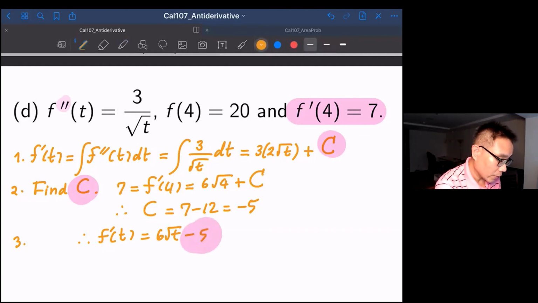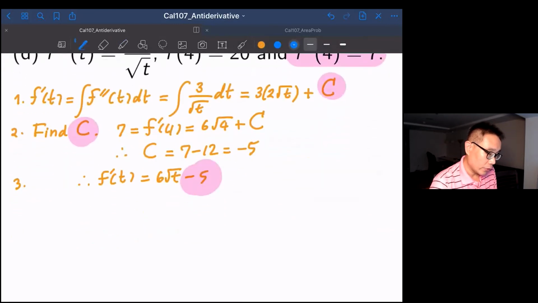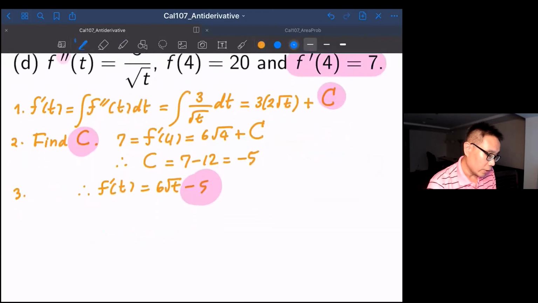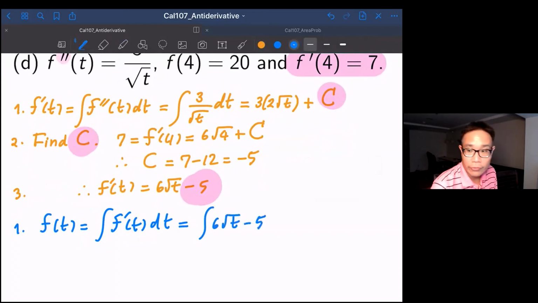Now we're going to find the second one, which is your f of x. We do this again, but we begin with f of t, which is the integral of f prime t dt. So you integrate 6 root t minus 5.